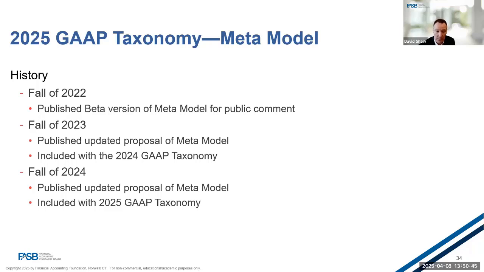This past fall, we published another updated proposed meta model, and this one contains a lot more relationships than the prior two do, and is, in my opinion, much more useful as a means of facilitating element discovery. And it has been included with the 2025 GAAP taxonomy for your use. Next slide, please.